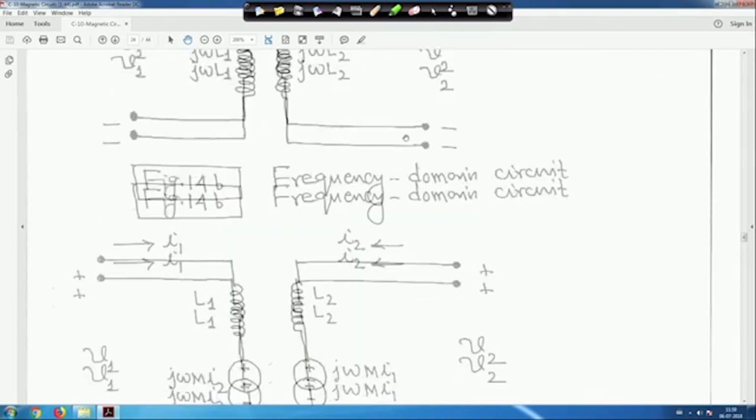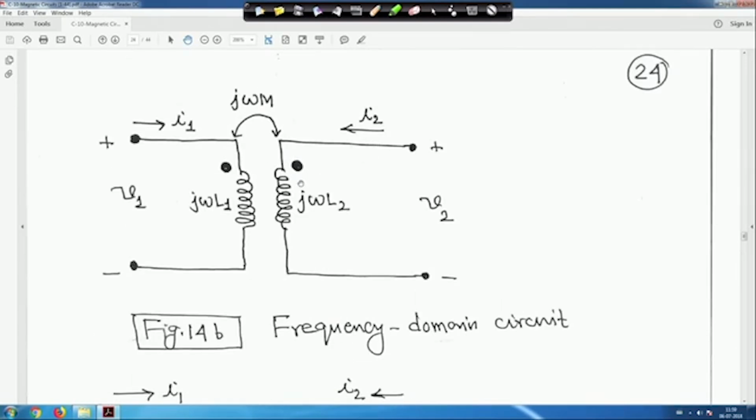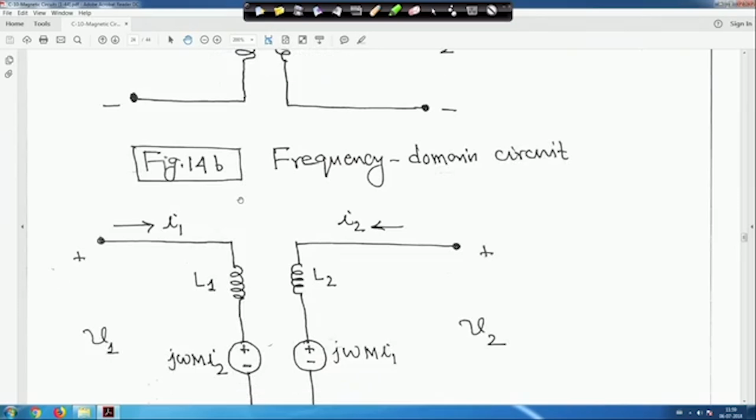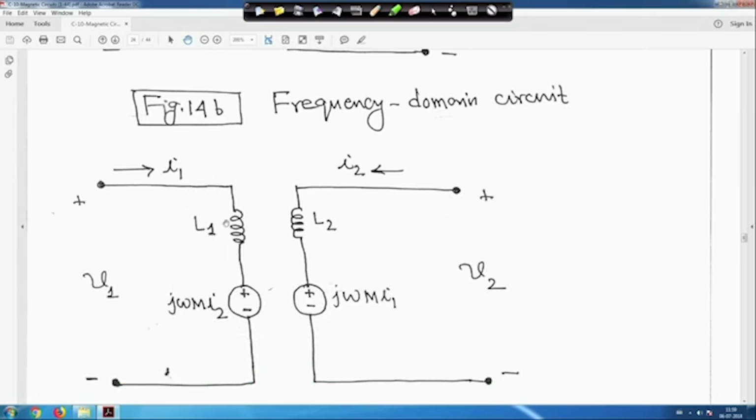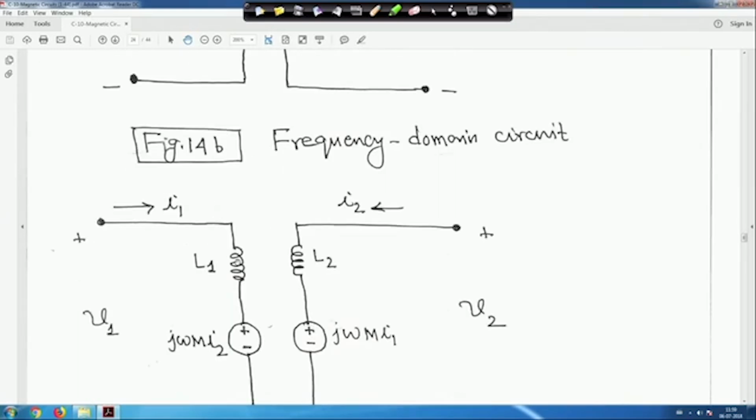Now because of this current in this coil, a mutual voltage will be induced in the other coil. So in that case you can write I1 with L1, this is the inductor. If it is reactance, you can put j omega L1, and also j omega L2.